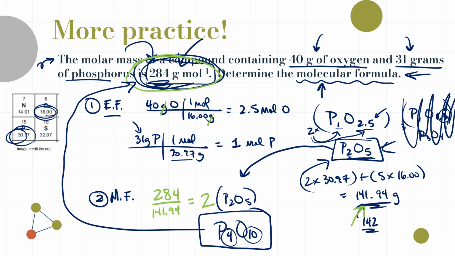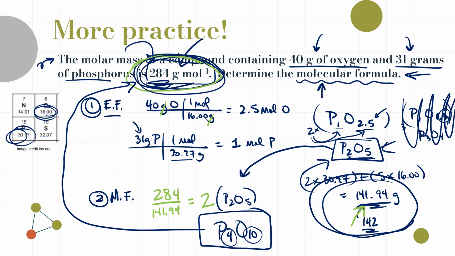And it does. So to find molecular formula, given molar mass and percent composition or mass composition, number 1, find the empirical formula, and then use the mass of the empirical formula and the molar mass to find a scale factor so that you can scale your empirical formula up to your molecular formula.